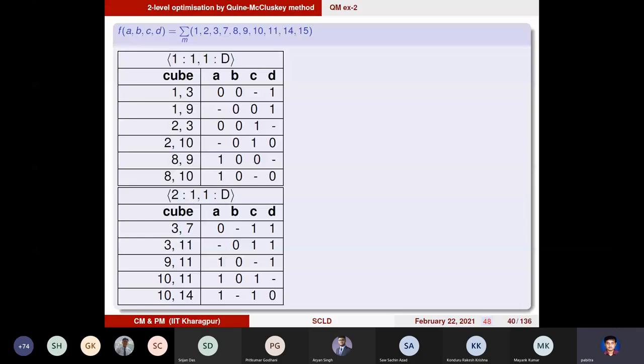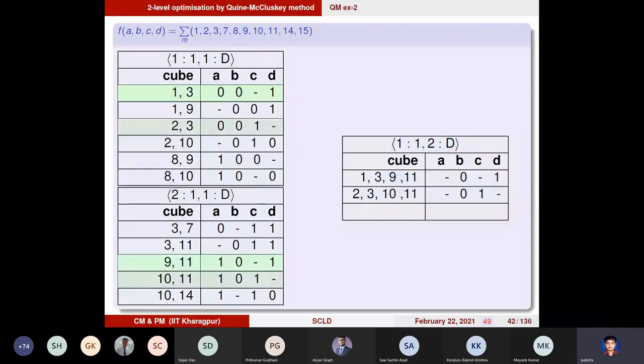So 7 combines with 11 to get dash dash 1 1. 10 11 14 15. 10 11 combines with 3 7 combines with 11 15. 10 11 combines with 14 15 to get this. The others you see don't combine with anything.